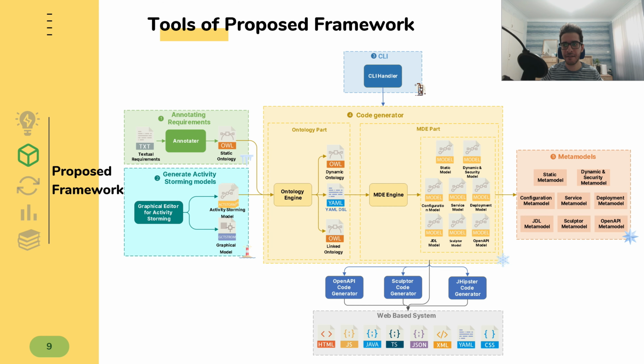We developed some tools for the framework. An annotator for annotating textual requirements and generating a static ontology. And we developed a new model called activity storming, and we developed a graphical editor for that.